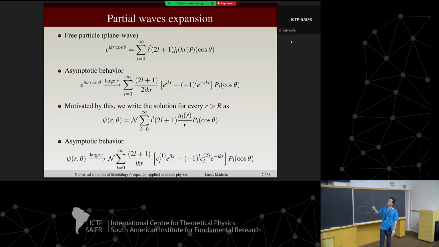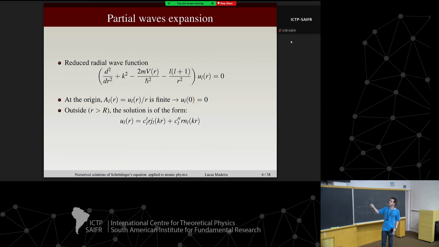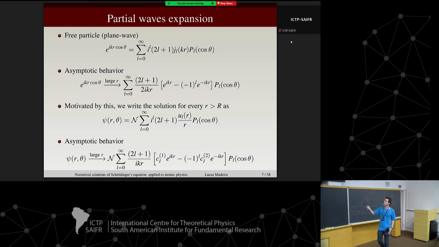Just by comparing these expressions here. And if I plug in that reduced radial wave function that I derived in this slide here, what do I get? I get this asymptotic behavior here, okay? And now I want to compare what's happening here with here, okay? With those two expressions.